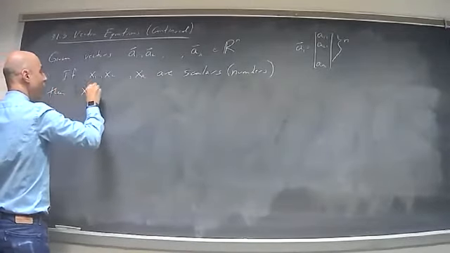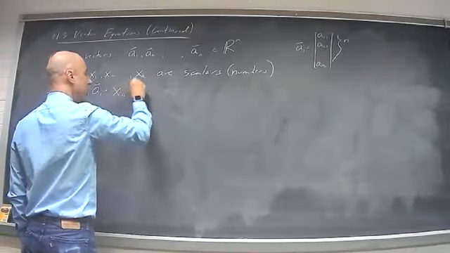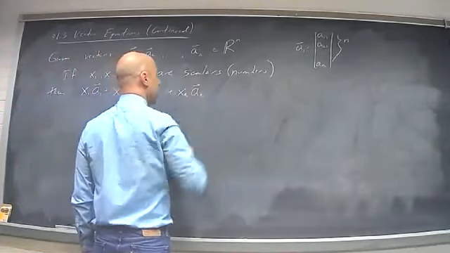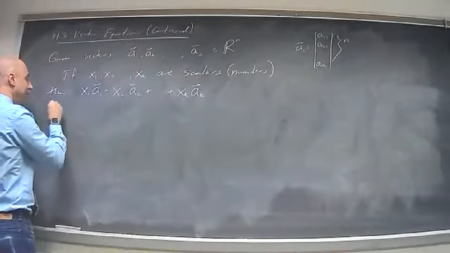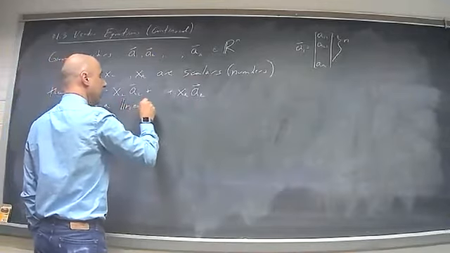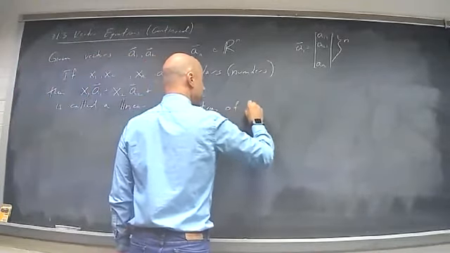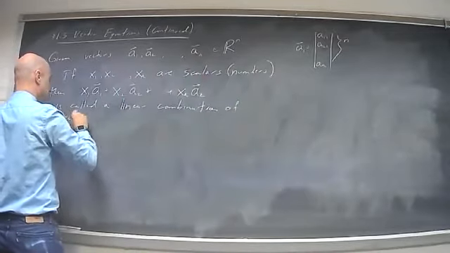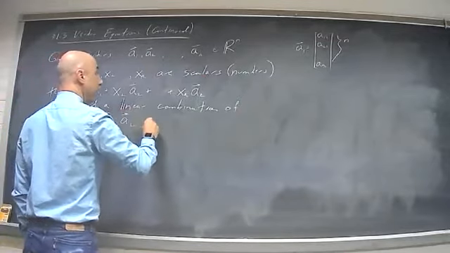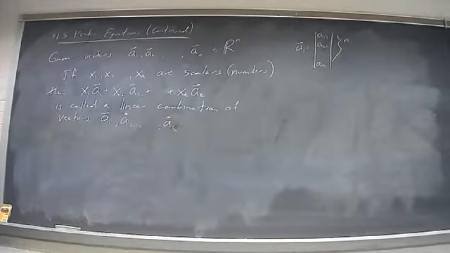Then x1 times a1 plus x2 times a2 plus all the way up to xk times ak is called a linear combination of vectors a1 through ak. That thing's called a linear combination.